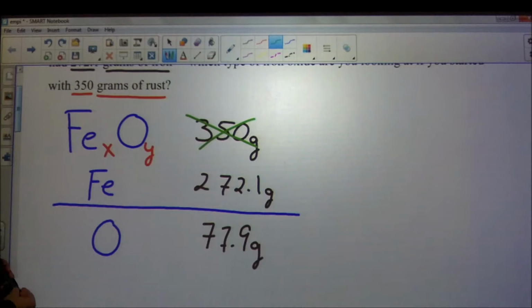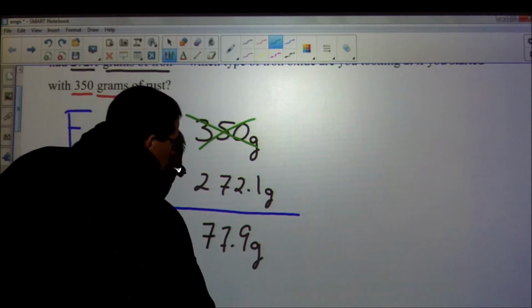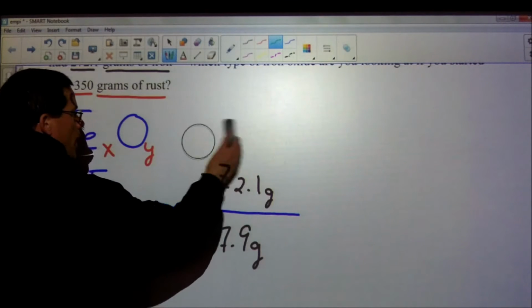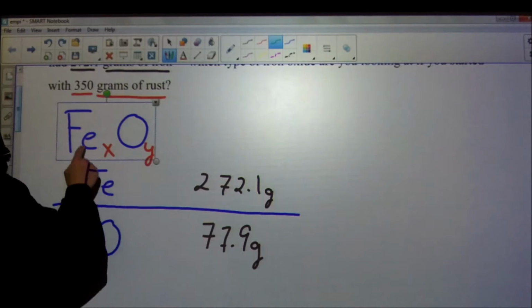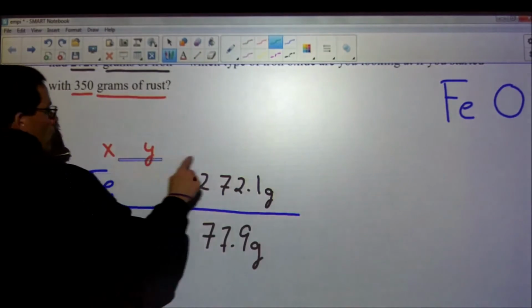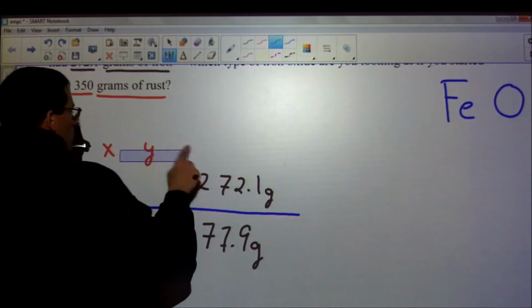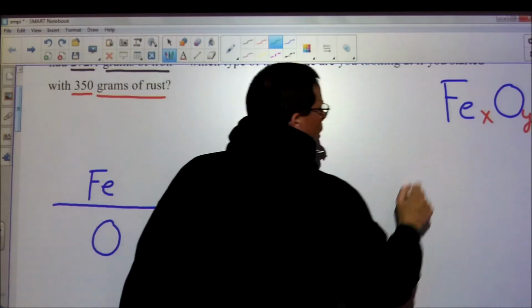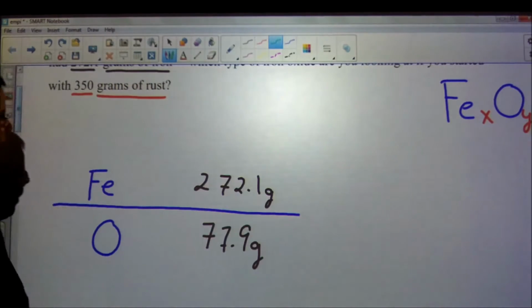So let's go ahead and find out how many moles, because again, we're looking for the empirical formula. So let's go ahead and erase some of this information here. We'll get rid of that, and we'll move this over here, because that's actually what we're going to look for. We'll come back to see what that is.